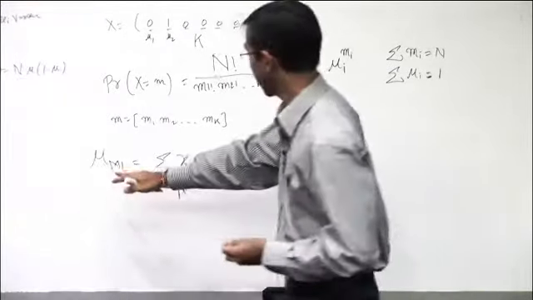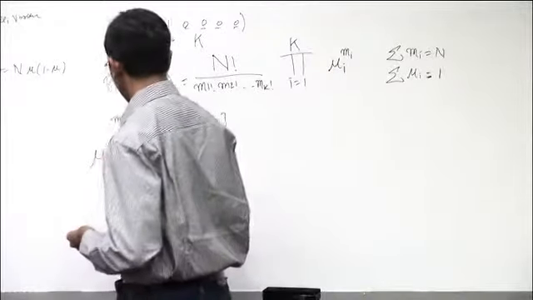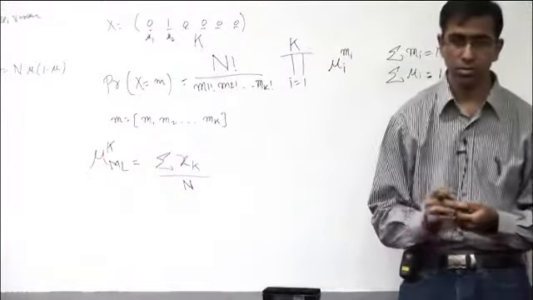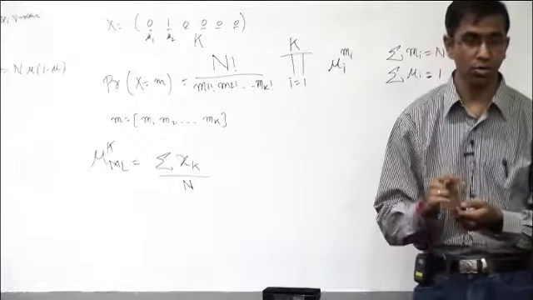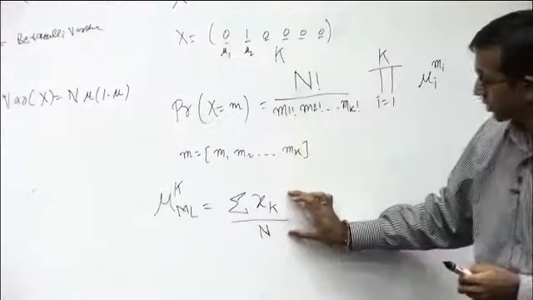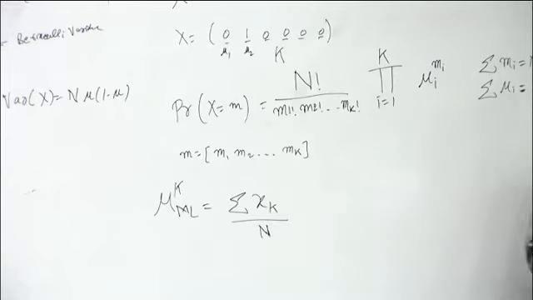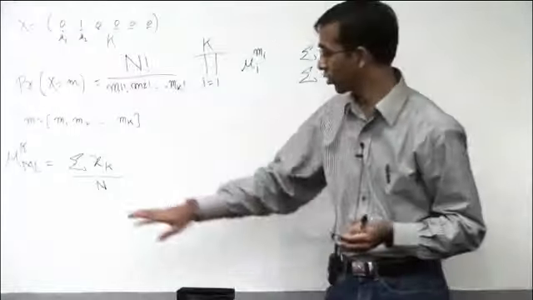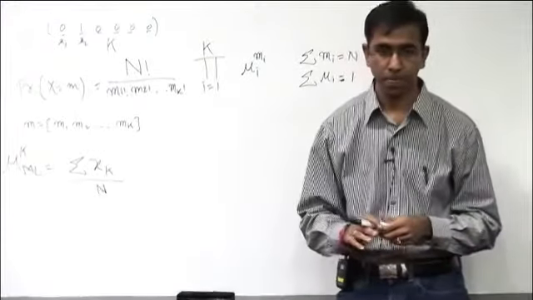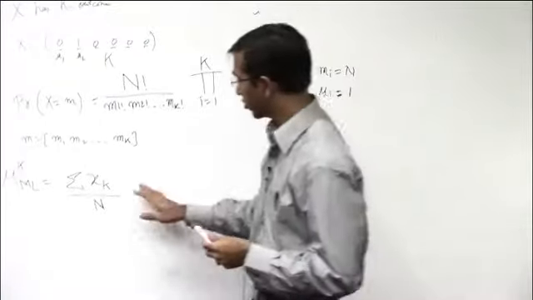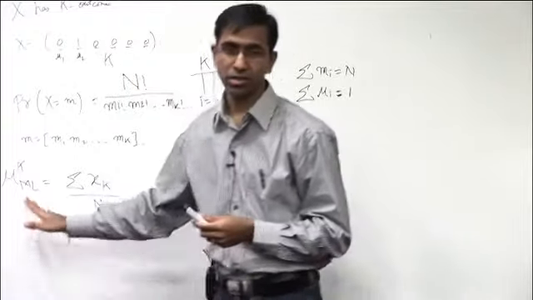That is, if you want to figure out the bias of your kth coin, that is, the probability of getting outcome k, you can just obtain it by counting how many times I got k divided by the total number of outcomes. So this is just your maximum likelihood estimate.